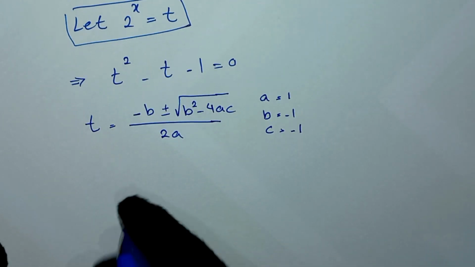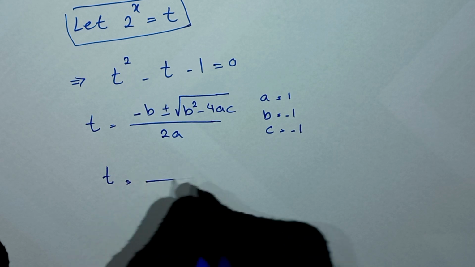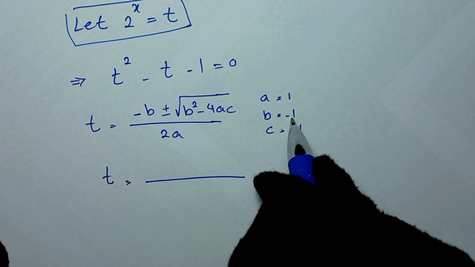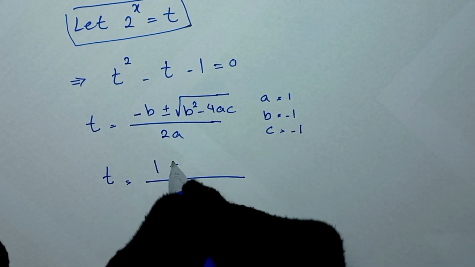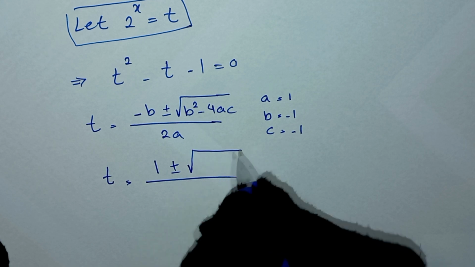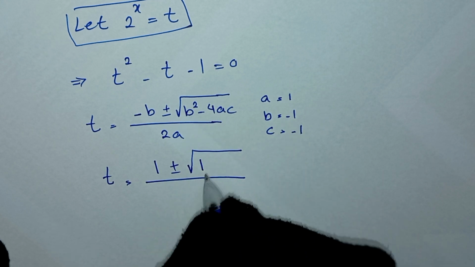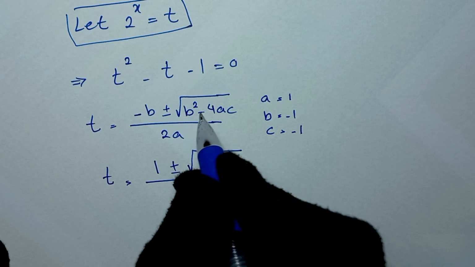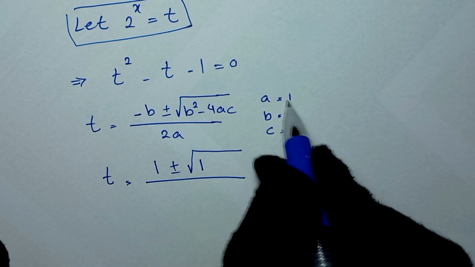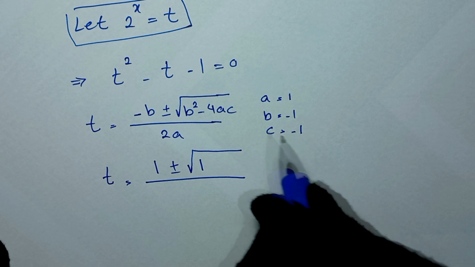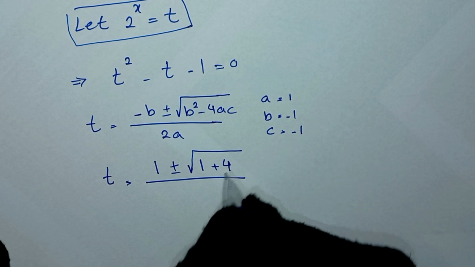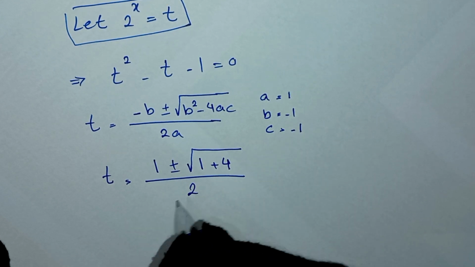So t is equal to negative b, negative 1 is positive 1, plus or minus the square root of b square, negative 1 square is 1, and negative 4 times a is 1, is negative 4, times negative 1, it will be positive 4, over 2a. 2a is 2, right? A is 1.